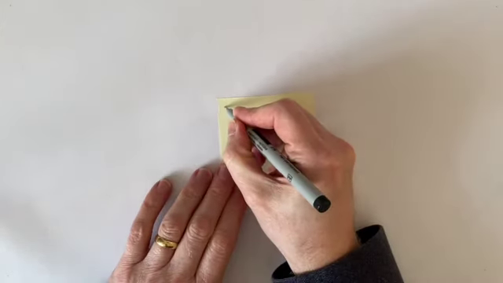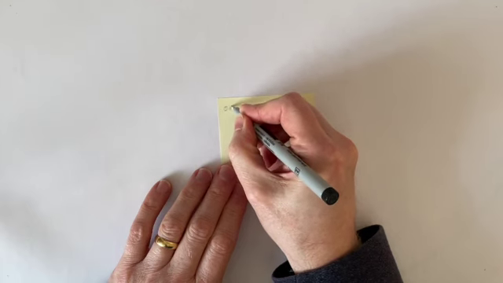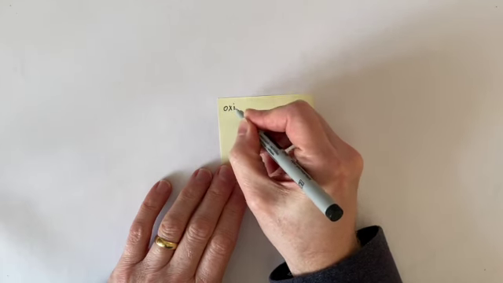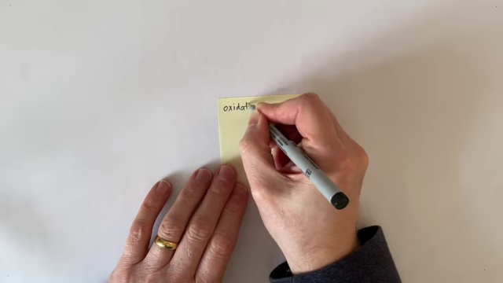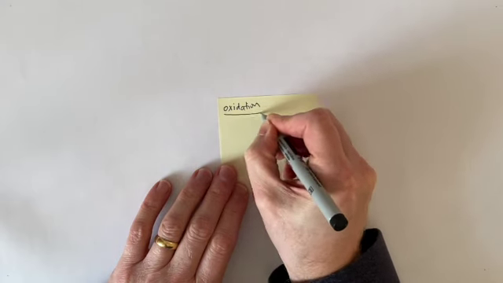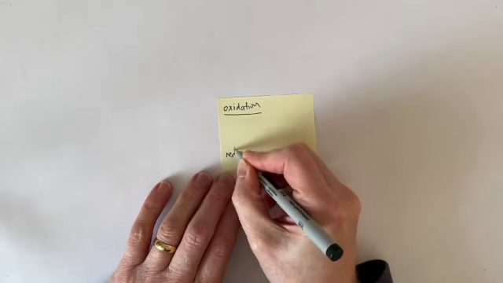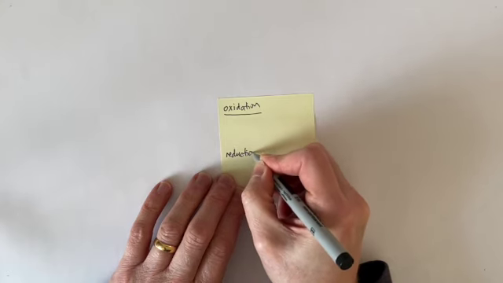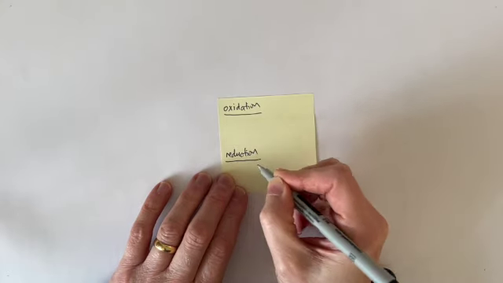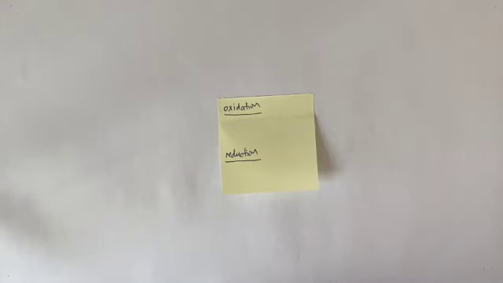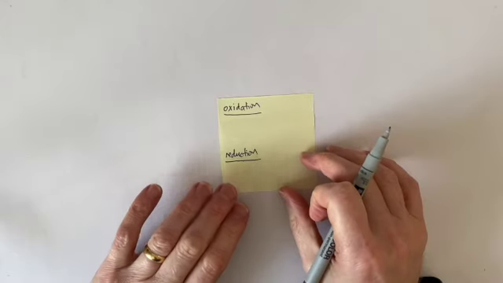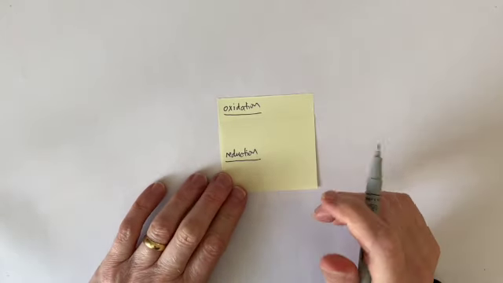And these two processes are oxidation and reduction. So these are chemical processes, and we use these to describe what is actually happening to the various molecules and substances that are present in photosynthesis.